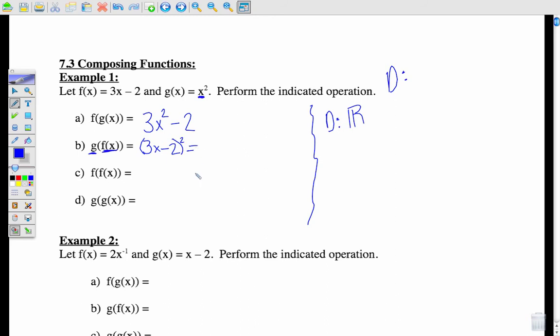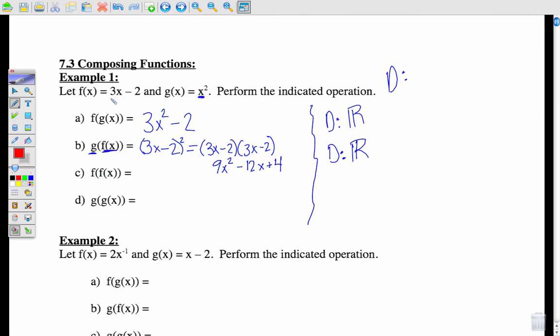This does not mean you distribute the 2 in there. That's not what you do here. You have to make sure that you understand this is 3x minus 2 times the 3x minus 2. Double distribute all that, you'll end up with 9x squared minus 12x plus 4. That domain also doesn't break any of our rules, so it's all reals.